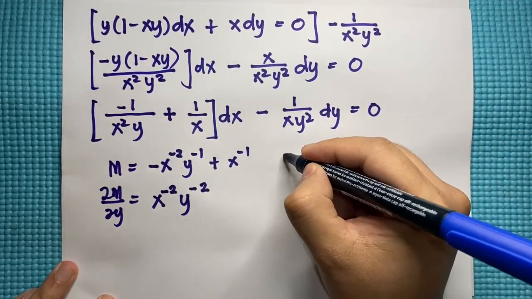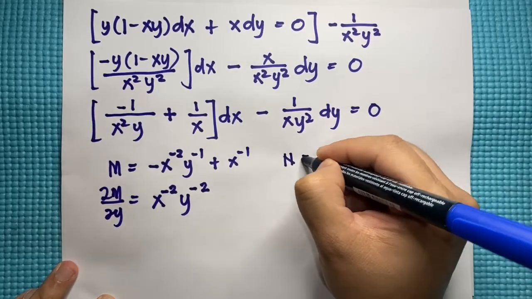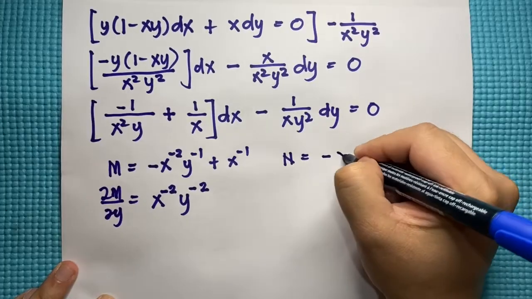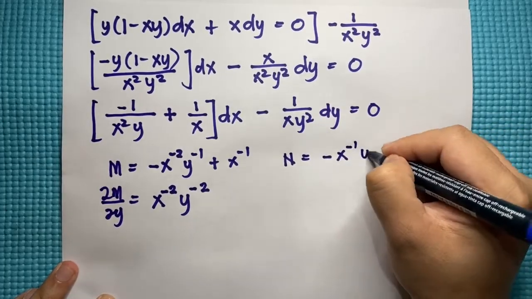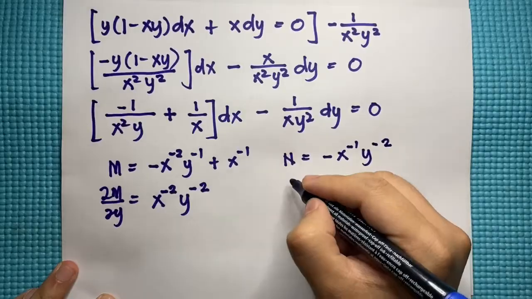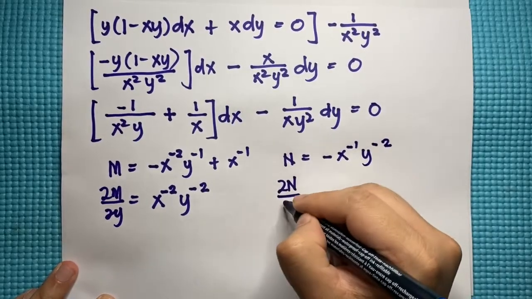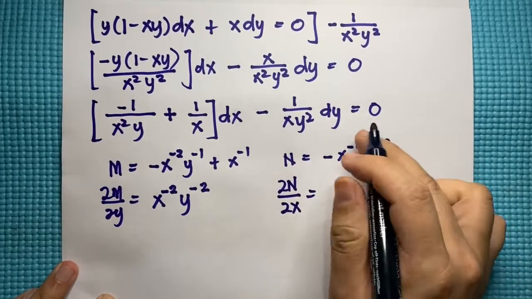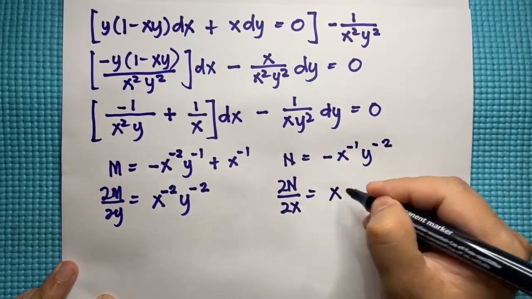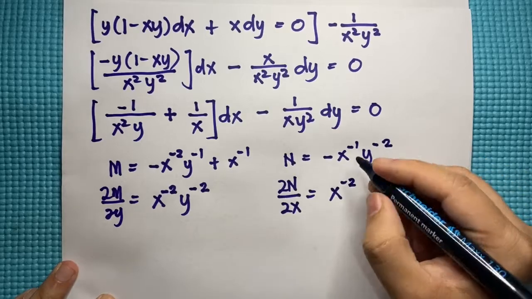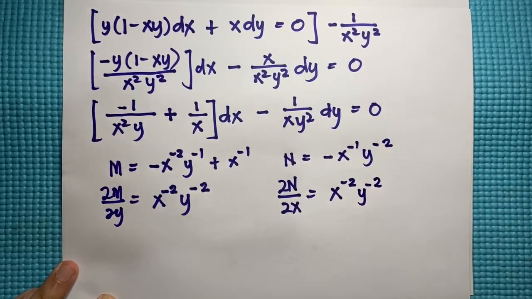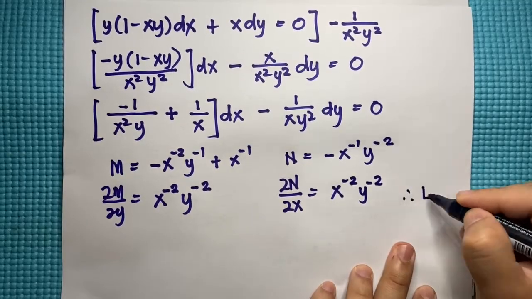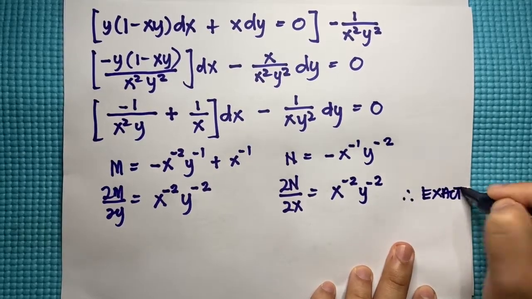Next we have our n, which is equal to negative x raised to negative 1 and y raised to negative 2. The partial derivative of n with respect to x, negative and negative, I'll have positive x raised to negative 2 and y raised to negative 2. So that's correct, making it exact.